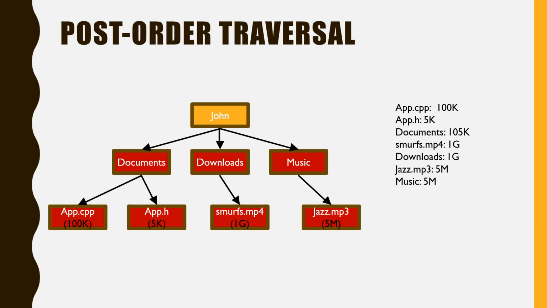We return to the node music and calculate its total disk consumption. Finally, after visiting all the children of the root node John, we can visit the node itself. We calculate its total disk consumption by summing the disk space used by all of its children. We find that the folder John occupies 1 GB, 5 MB, and 105 KB of disk space.